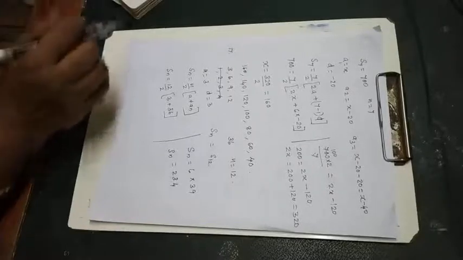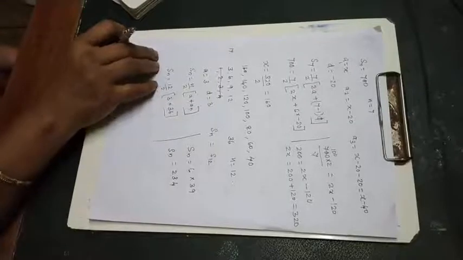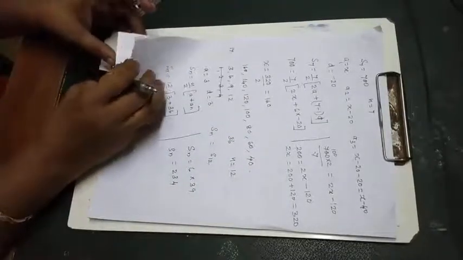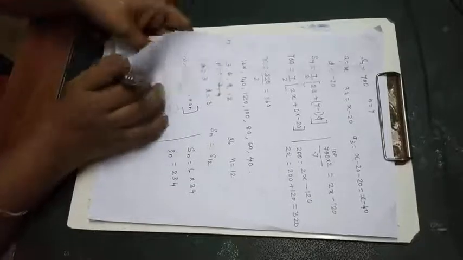The figure is given in the textbook, it is a semicircle. So what will be the perimeter? Length of the semicircle means its perimeter.